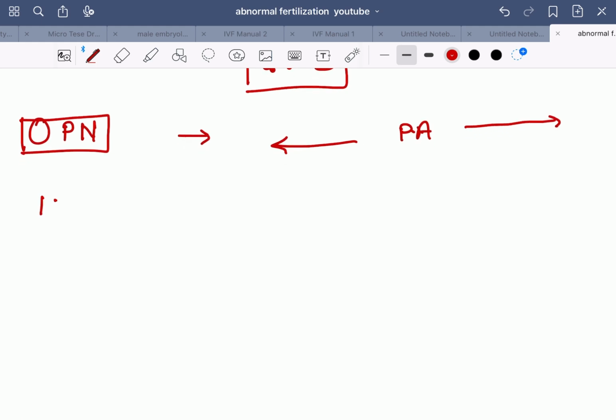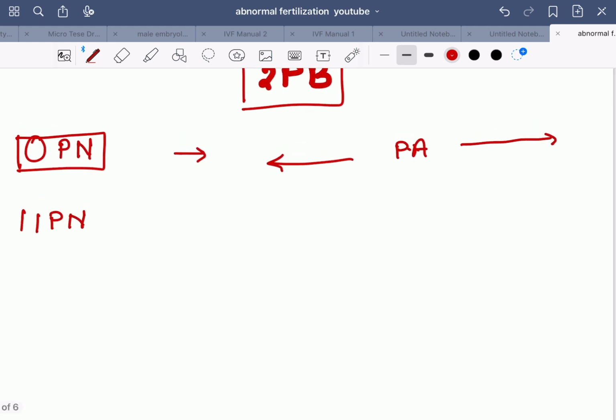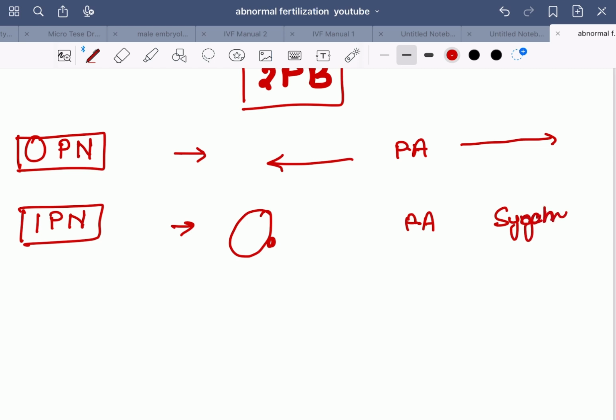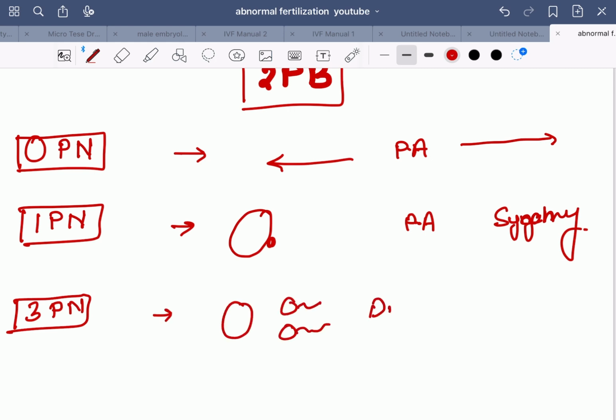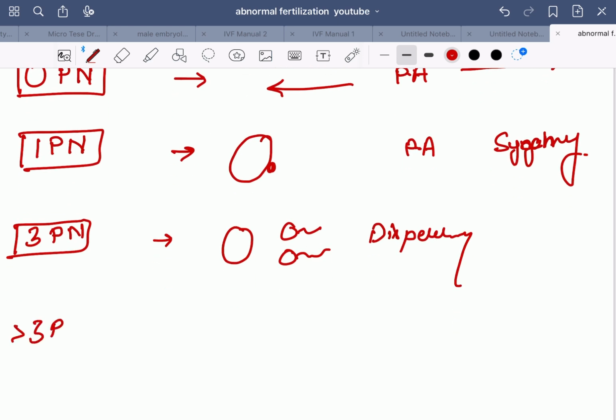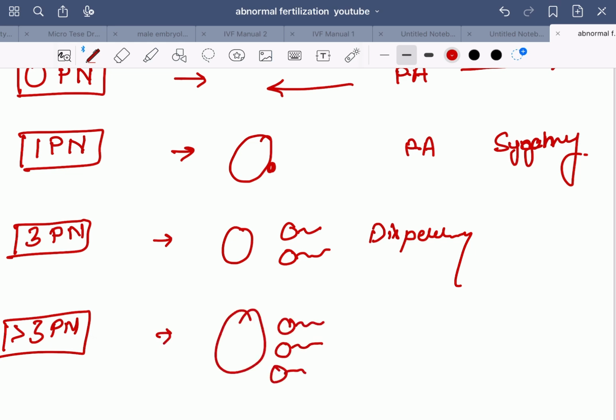If there is 1 pronucleus and 2 polar bodies, either asynchronous development or parthenogenic activation, or syngamy of the pronuclei. Then 2PN will be normal. 3PN is an oocyte fertilized with dispermy, and more than 3PN means the oocyte is fertilized with polyspermy, or nuclear fragmentation is there.